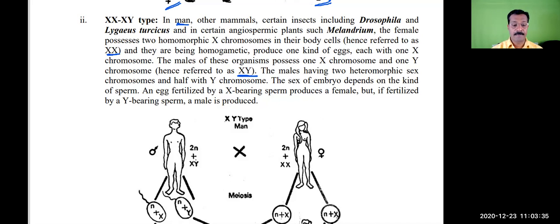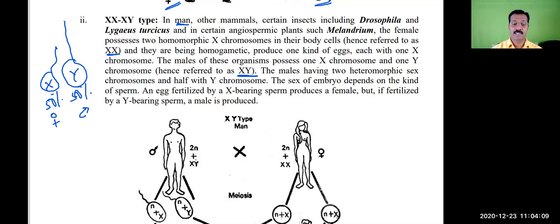So 50% of sperms will be X and 50% of sperms will be Y. So the X will go with one of the X from the female and it will form female, and this Y will go with the remaining X sex chromosome, and it will form male.